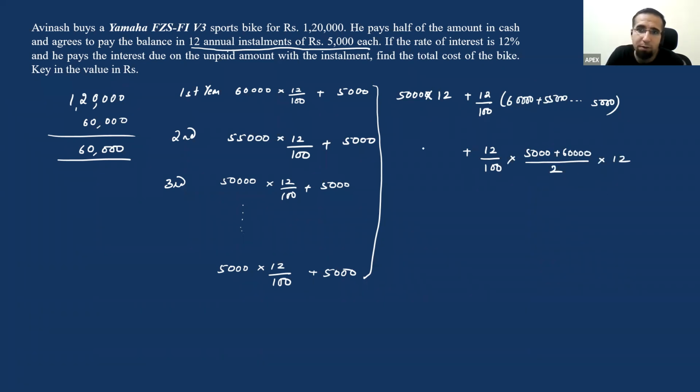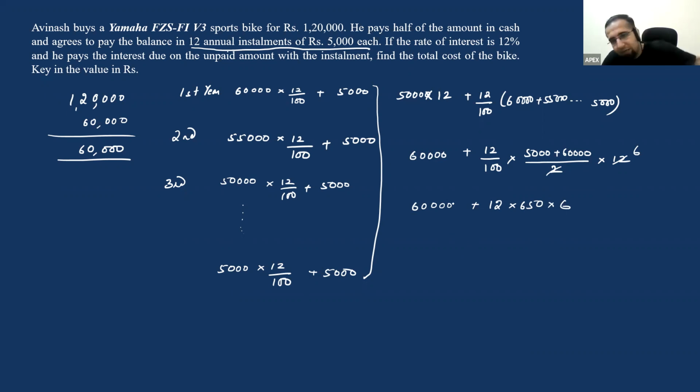That will be the sum total, 12% of that, and then again I'm looking at 60,000. So this is 65,000, and I am cancelling 2 zeros, that becomes 650 into 6. Clear?